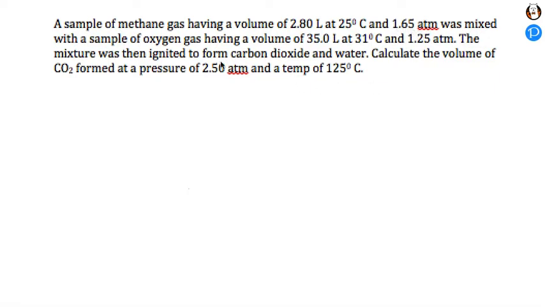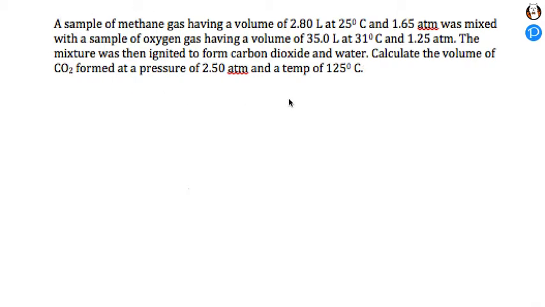If we mix that with a sample of oxygen gas that has a volume of 35 liters, at a temperature of 31 degrees Celsius and a pressure of 1.25 atmospheres, this mixture of methane gas and oxygen gas is ignited to form carbon dioxide and water. So these are our products, carbon dioxide and water. Calculate the volume of CO2 formed at a pressure of 2.5 atmospheres and a temperature of 125 degrees Celsius.